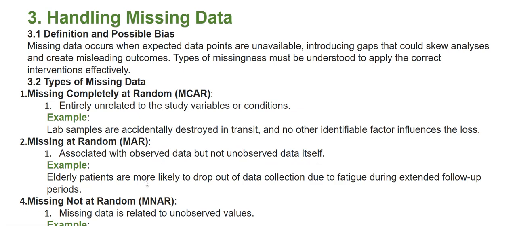Example, elderly patients are more likely to drop out of data collection due to fatigue during extended follow-up periods. Missing not at random, MNAR, missing data is related to unobserved values. Example, patients with severe side effects intentionally withdraw without clarifying their reasons.